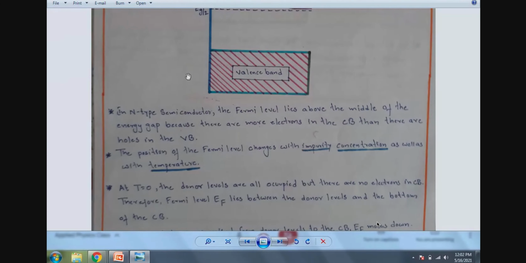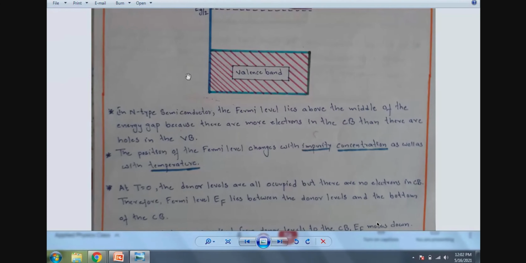One important point here is that the concentration of electrons in the conduction band must be equal to the number of vacancies per unit volume in the donor level. Suppose an electron jumps into the conduction band, it creates a vacancy here. These must be equal.